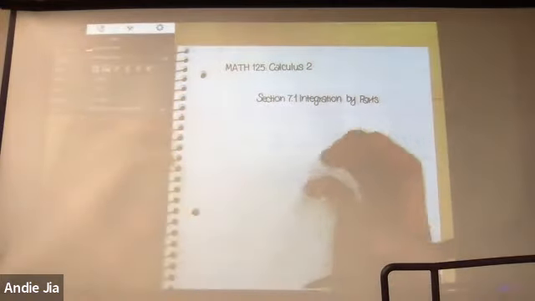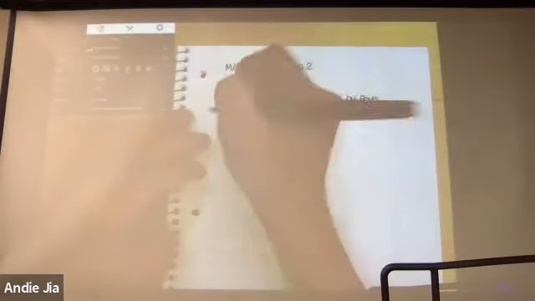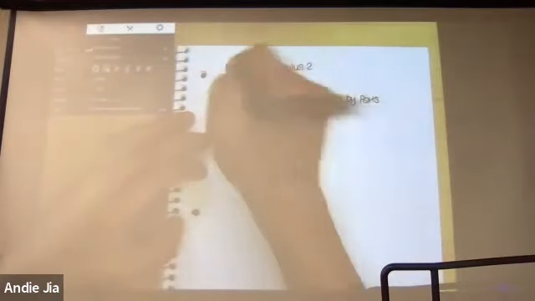Integration by parts is more useful to integrate a product function.